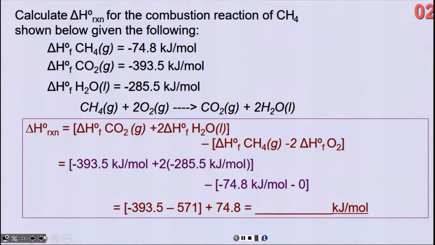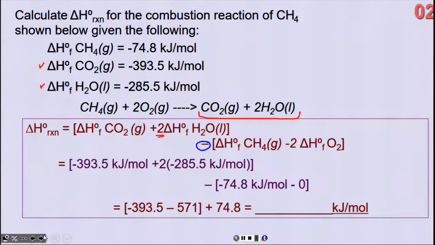The products are the CO2 and water, and the heats of formation for those two things are in our list. So the heat of formation of CO2 will be first, and the heat of formation of water, but times 2 for the balanced equation. Subtract from that the heats of formation of the reactants.